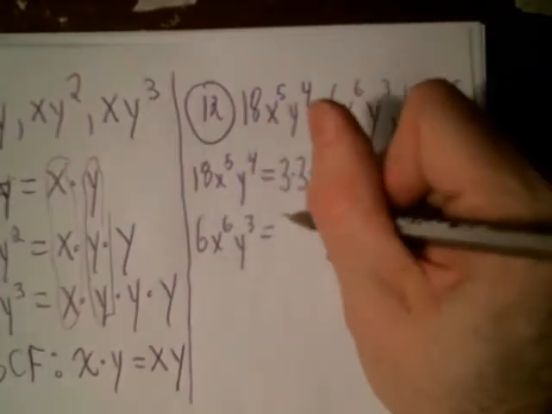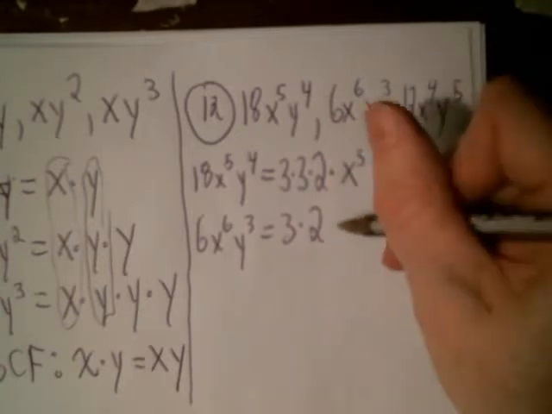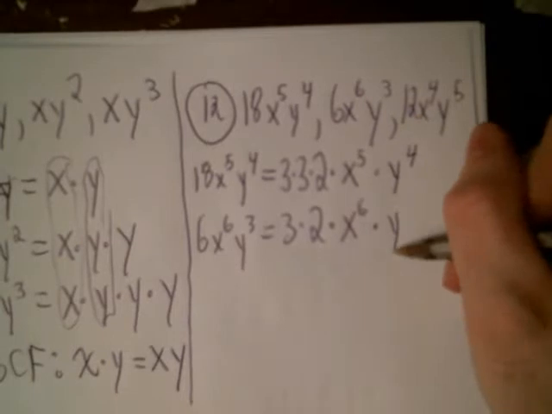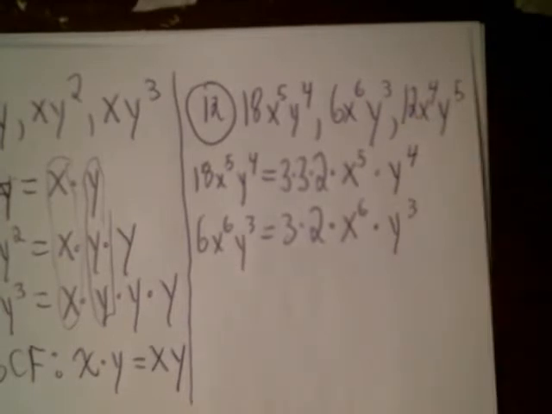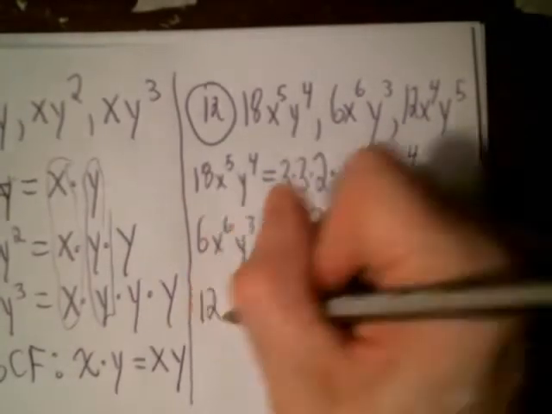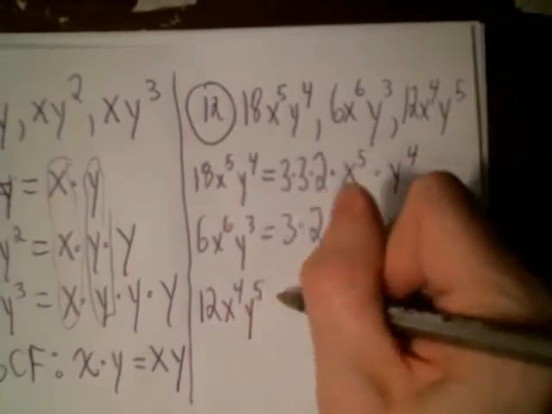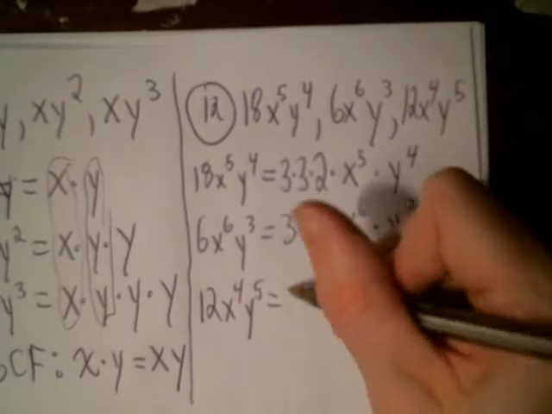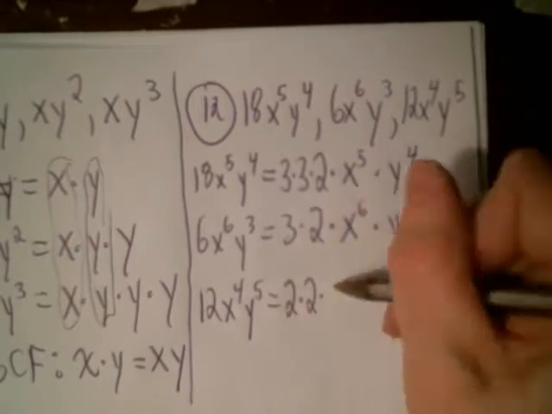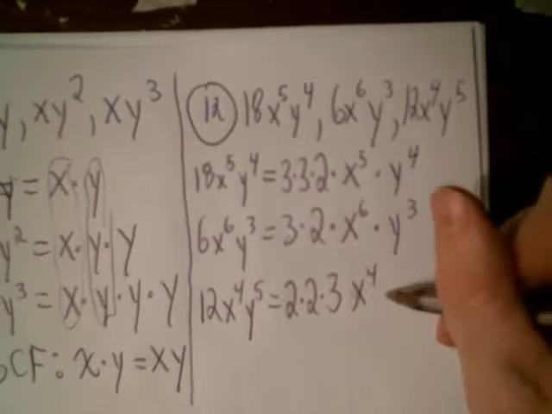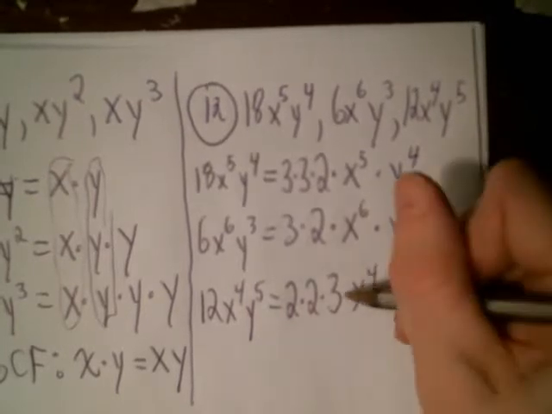Okay, so 6 is 3 times 2. And then I have this time 6 x's and then 3 y's. And then for the last guy, 12x to the 4th, y to the 5th. Well, 12 is 2 times 2 times 3. And then x to the fourth, and then y to the fifth.